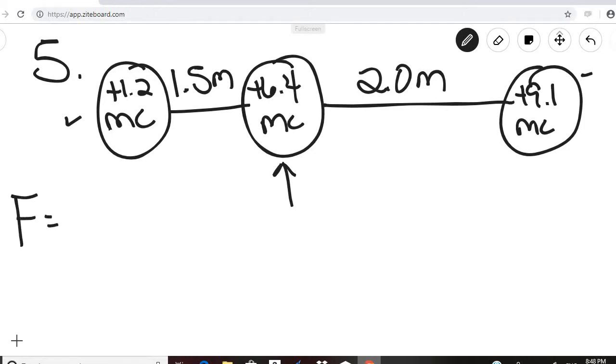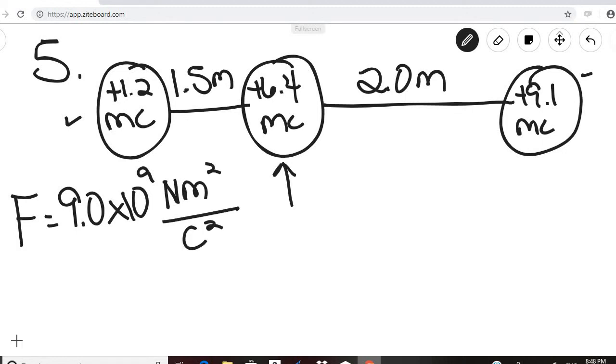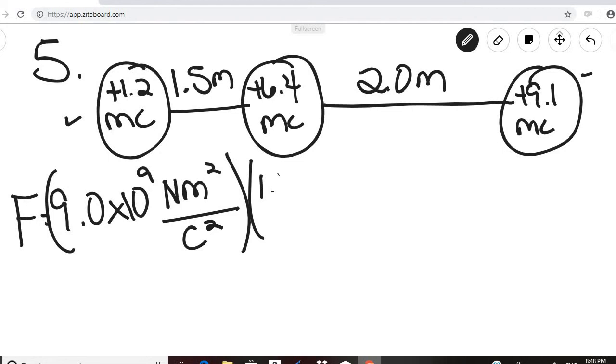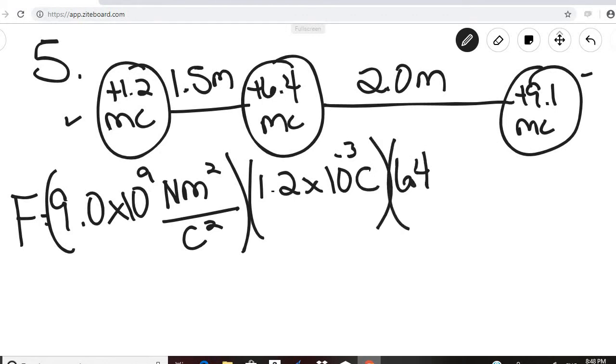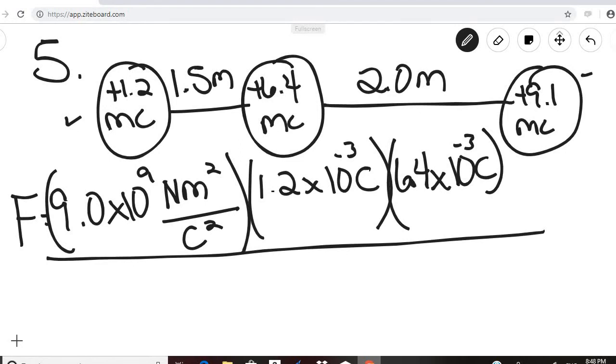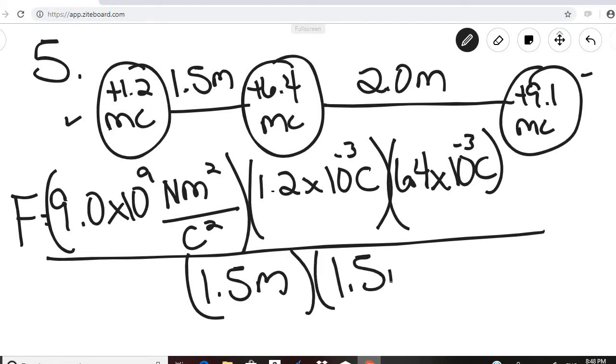So F is equal to 9.0 times 10 to the 9th newton meters squared over coulomb squared times 1.2 times 10 to the negative 3 coulombs times 6.4 times 10 to the negative 3 coulombs, and then we'll square the distance between them, the radius, 1.5 meters and 1.5 meters.